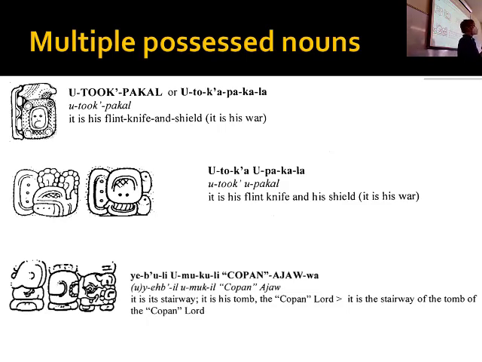Literally it's one of those poetic couplets, like spear, the flint, and the shield, the weapons, but it can also refer to someone's army, someone's weapons in war. And so utok, upakal, his flint, his shield, or his flint shield.